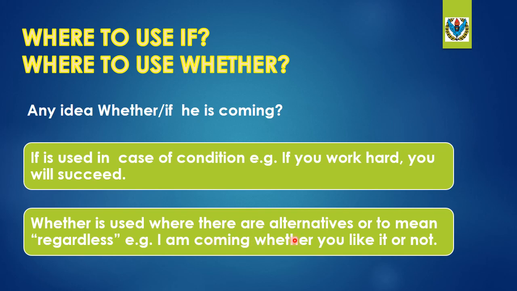In such cases, we use whether. Whether is used where there are alternatives or to mean regardless. If two alternatives are given, whether he is coming or not, then we will use whether. We can't use if there. If no alternative is given, we will use if or whether interchangeably.